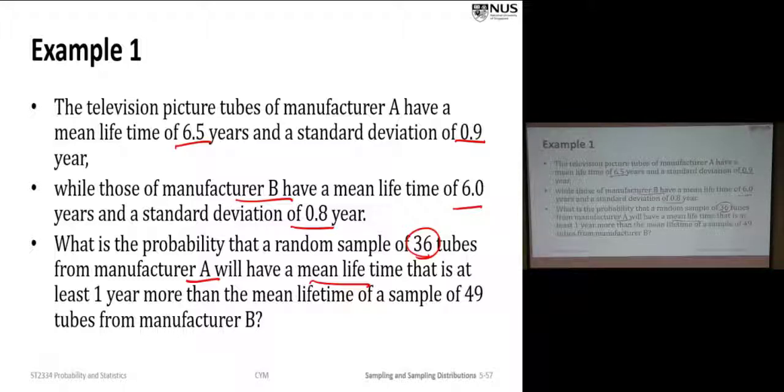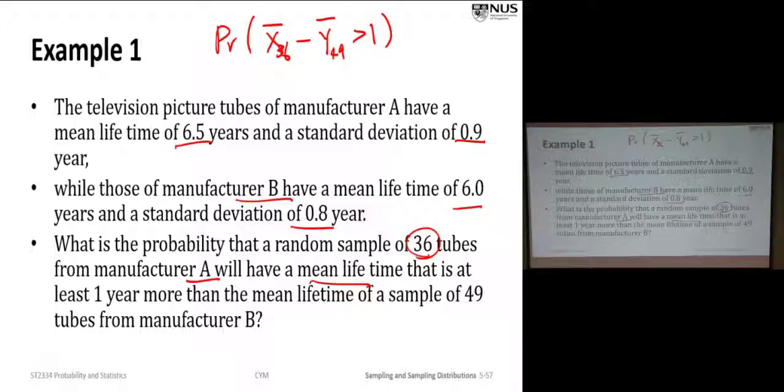Translated, if this is X36 bar, the sample mean of 36 tubes, minus, let's call it Y bar, the sample mean of 49 tubes from manufacturer B, we are asked what is the probability that this difference is at least 1 year.